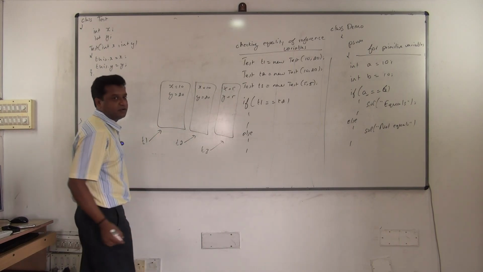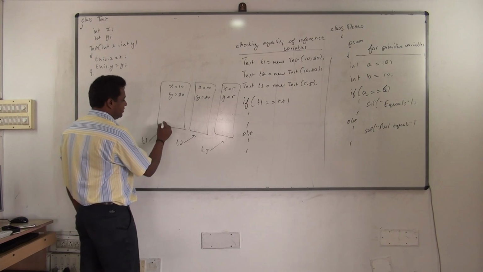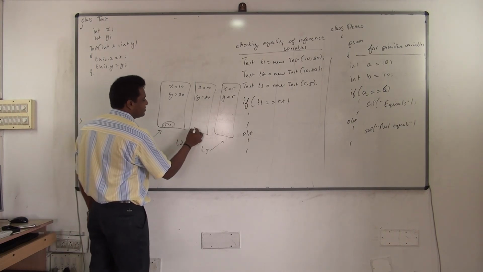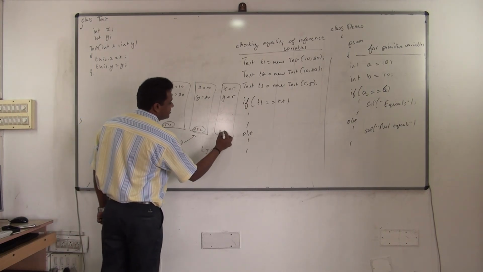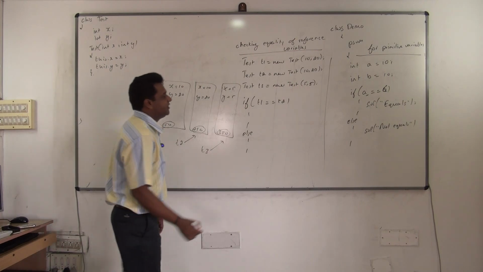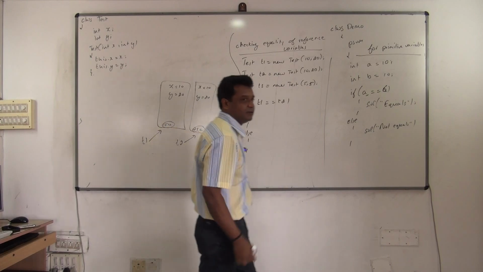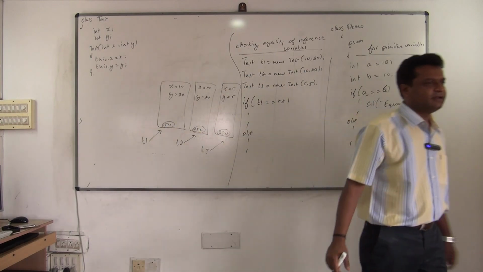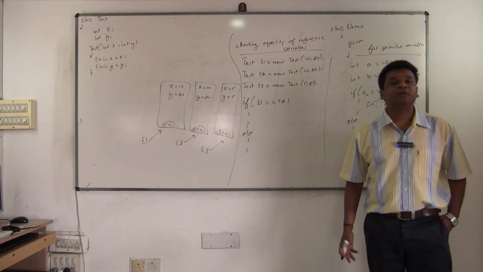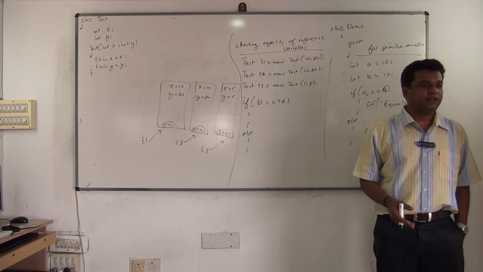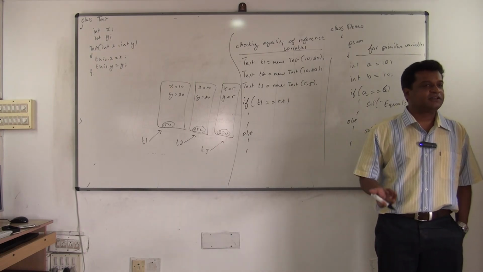These are the three objects which got created. But the address of this is 150, the address of this is 250, the address of this is 350. Now if I use the comparison operator, what will it check? The value in the variable. t1 is containing what value? 150. It will check with what? 250, and it says not equal.